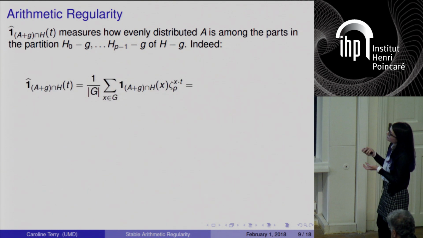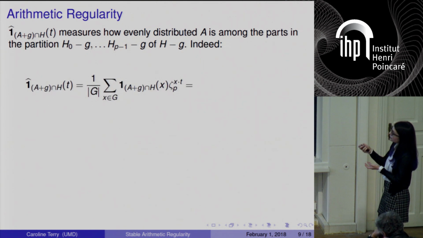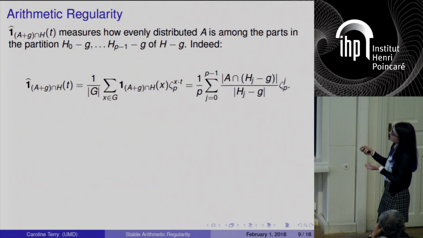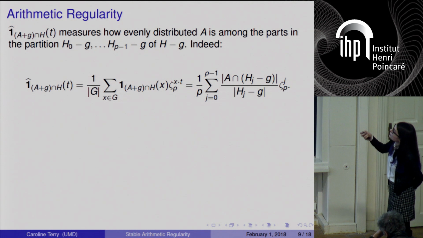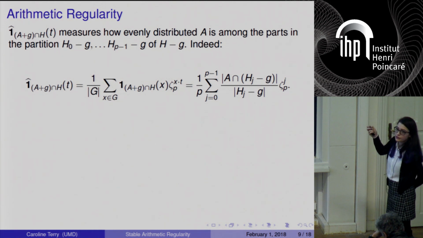Okay, so indeed, let's do a computation. Here I've just rewritten the definition of the Fourier coefficient. And then the interesting thing is, you do some computation and it's equal to this sum. So let's look at that. Okay, so we've got a sum. We've got some coefficients, and we're summing over the pth roots of unity.